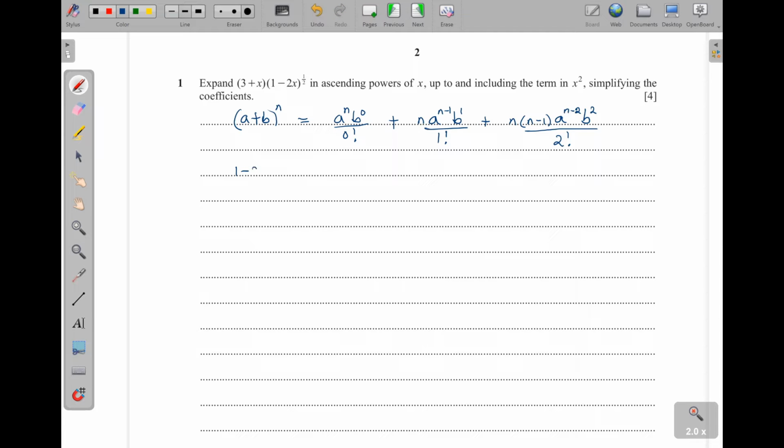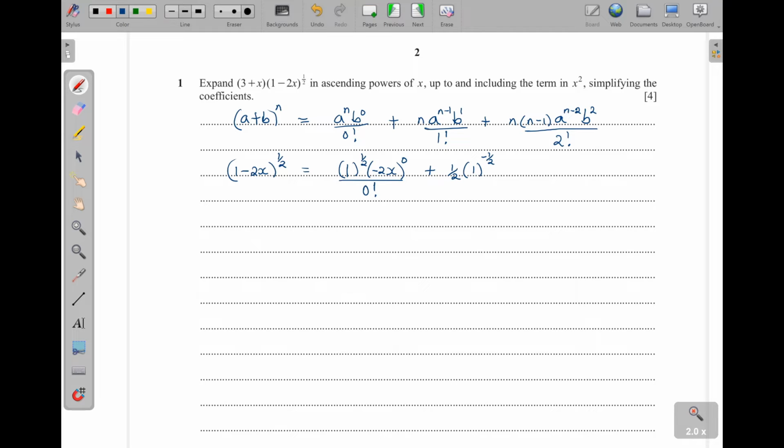We have (1 - 2x) to the power of a half. So our a is now 1, put that half as the power, then negative 2x, please carry the negative with that term, then power 0 over 0 factorial. Then plus, drop the half, then 1 to the power of a half minus 1, that one will give you negative a half.